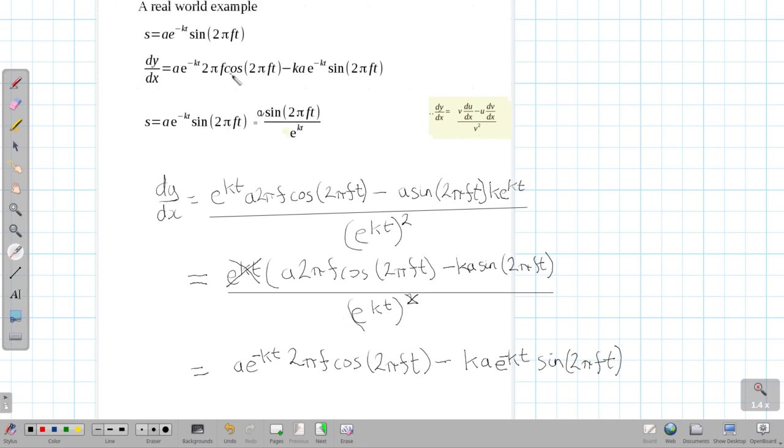Sorry, I'm on the wrong bit here. Helps if you use the right bit. This bit here, which is the same as this bit here. And then we've got the minus sign, check. And then we've got the k a e to the minus kt, check. And then we've got a sine function at the end. Hey presto, it's worked. I love it when a plan comes together.